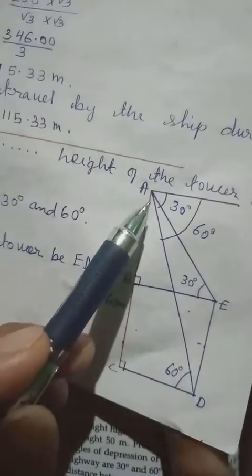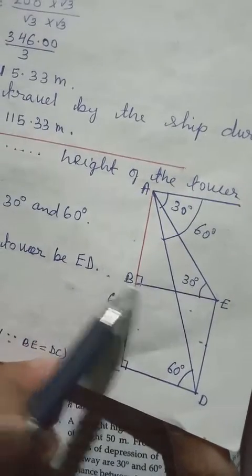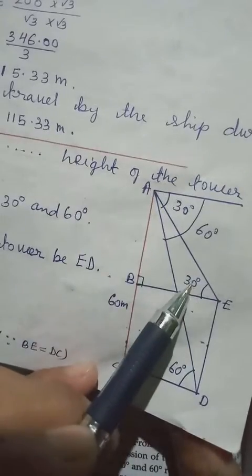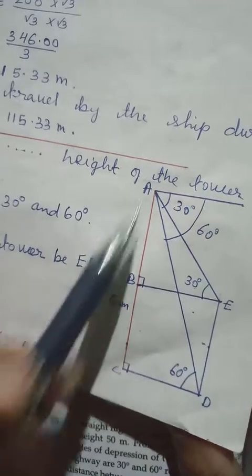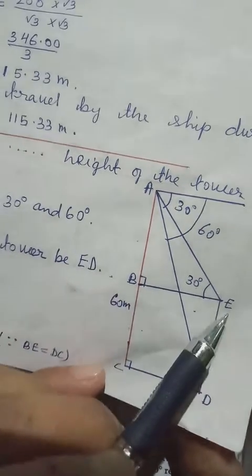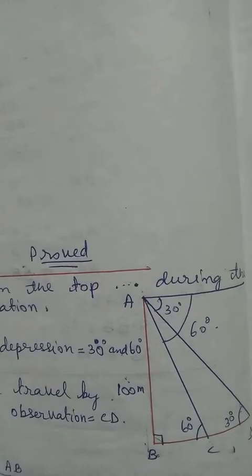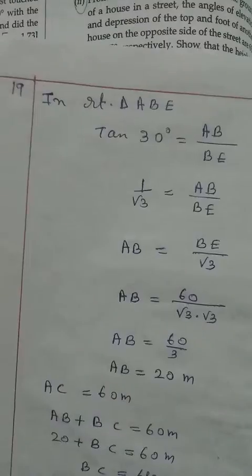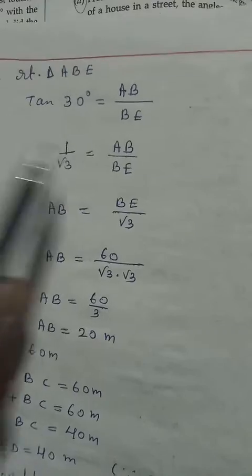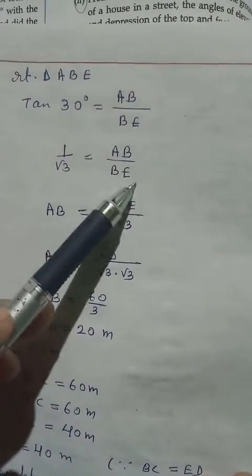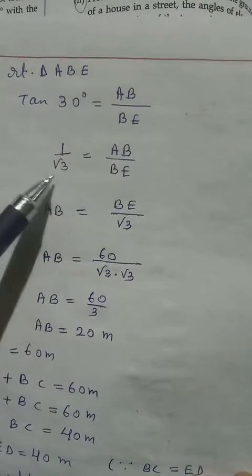So let us take another triangle ABE. Here we have 30. So tan 30 will be AB by BE. Then BE we already have, 60 by root 3. Tan 30 we know the value. It is equal to 1 by root 3. So now we cross multiply.